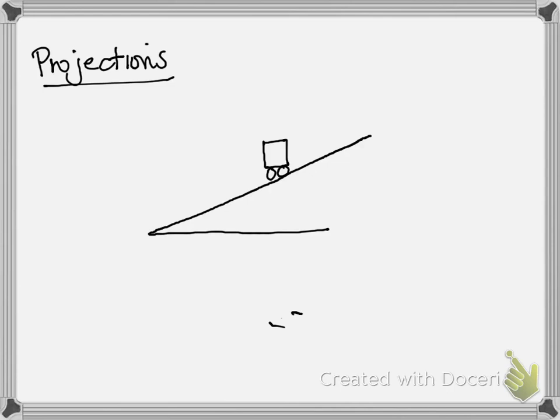Now the weight of the car is a vector that points down because of gravity. This vector I'm drawing right here, that's the weight going down. But of course, the car wants to roll down the hill. It wants to roll backwards, right?